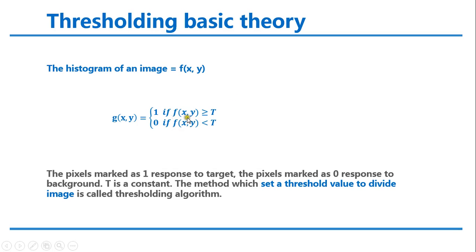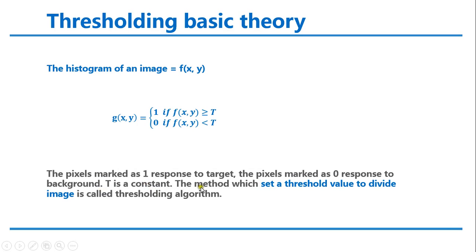If the value of f(x,y) is bigger than or equal to t, we mark this point as 1, and if the value of f(x,y) is less than t, we mark it as 0. The pixels marked as 1 correspond to the target, and the pixels marked as 0 correspond to the background. And t is the value of the threshold.